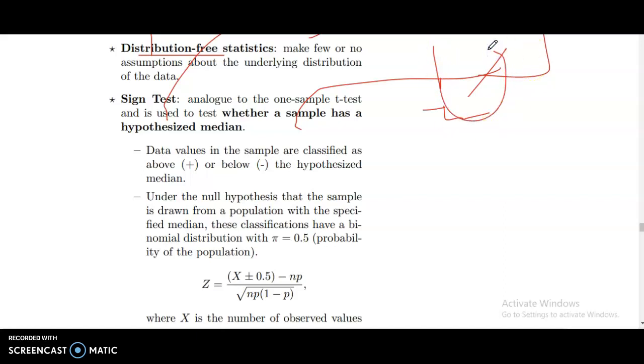Under the null hypothesis that the sample is drawn from a population with a specified median, these classifications have a binomial distribution with pi equal to 0.5 probability of the population.